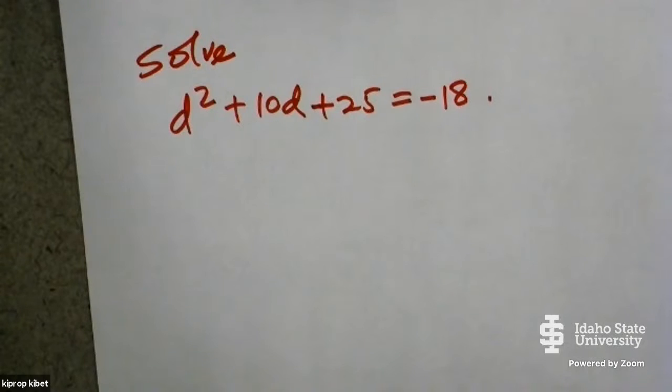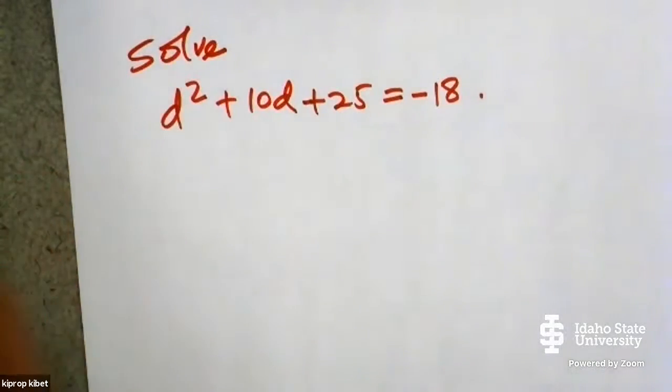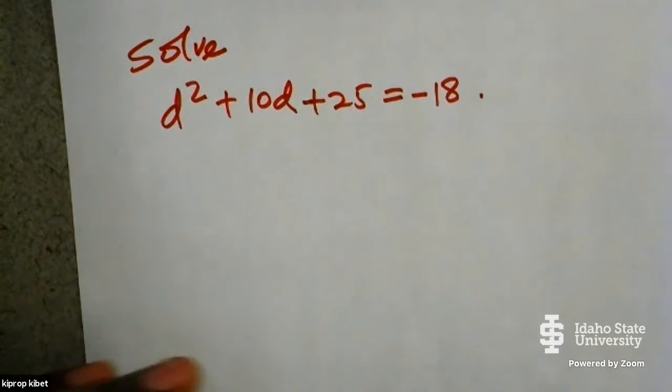So what do you do? First of all, you can either leave minus 18 on the other side and solve this one, or you can bring it to this side. But in our case, we can just solve this one first.